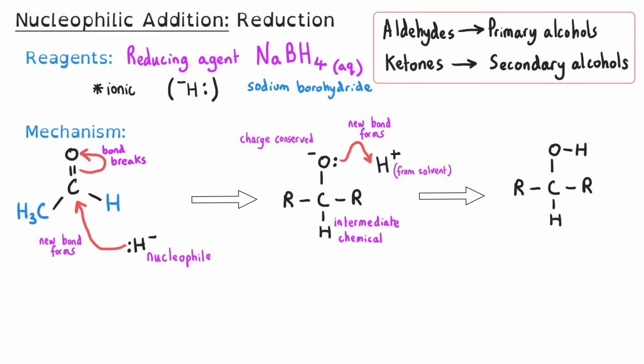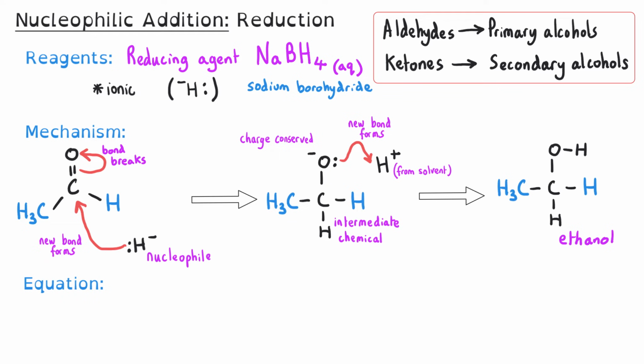If we make this into ethanal, that means we'll have a CH3 group for the left-hand side R group and just simply a hydrogen for the right-hand side R group. That will, of course, then have a knock-on effect in the intermediate. It would look like this. And then the product that we produce would look like this. And so we can see that we started with ethanal and we've produced ethanol.